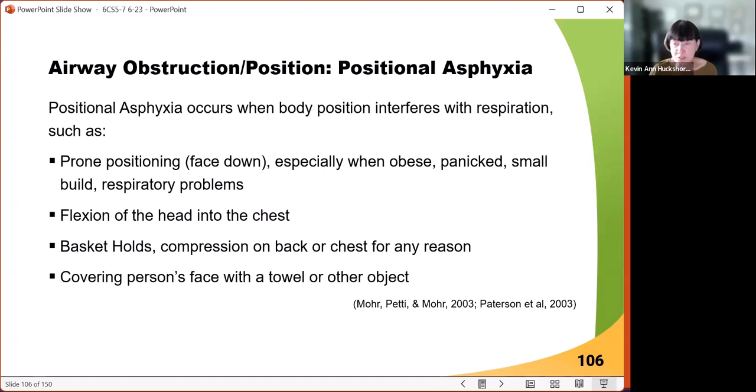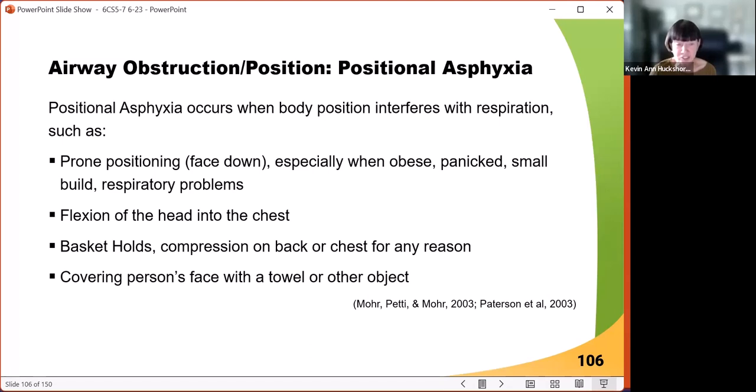And those muscles go from the top of our head to basically our groin area. And so when any pressure is placed anywhere between our head and our groin, that can cause some serious problems in breathing. So anybody that has more abdominal girth, who's panicked, who has a small build, who has a history of asthma, who has a common cold at the time, putting them face down is a huge problem.